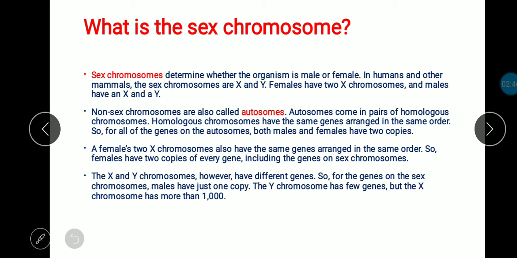The X and Y chromosomes, however, have different genes. So, for the genes on the sex chromosome, males have only 1 copy. The Y chromosome has few genes, but the X chromosome has more than 1000 genes.